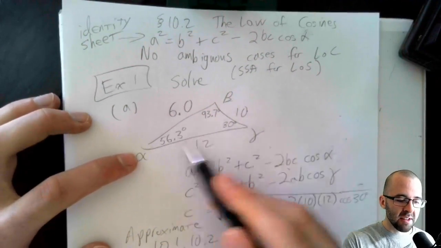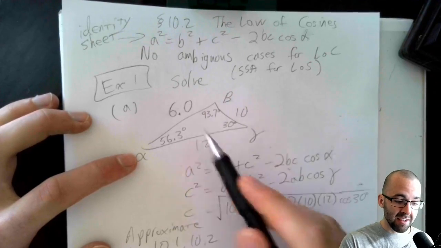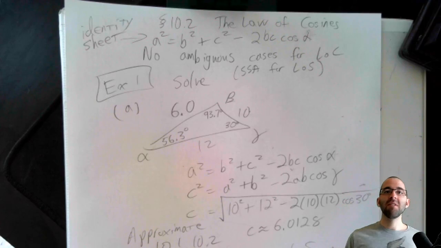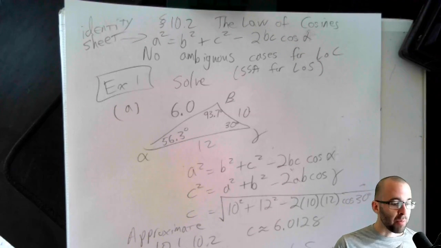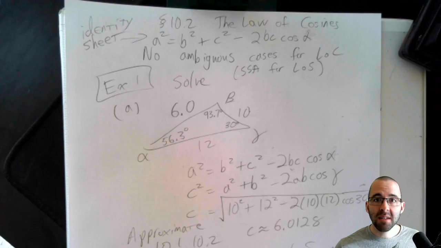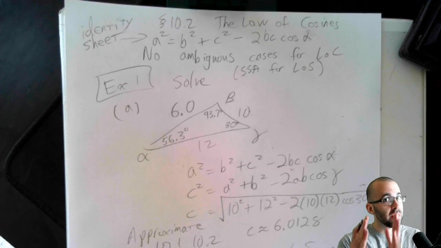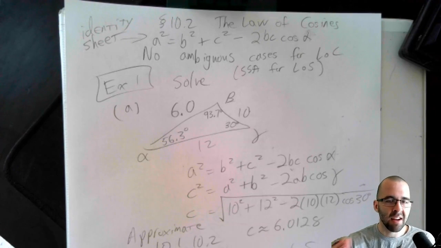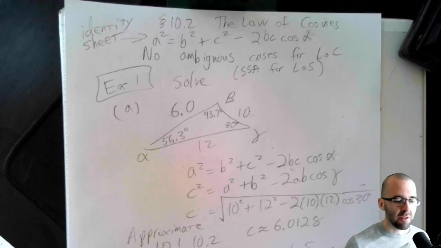And now we have all three sides of our triangle, all three angles of our triangle, and remember, one of the best ways to check your answer in both of these sections is, does this triangle make sense? Is this triangle possible? And for law of cosines, it should always be possible, if you did things correctly. Law of sines has that SSA ambiguous case. So we would find the biggest angle.